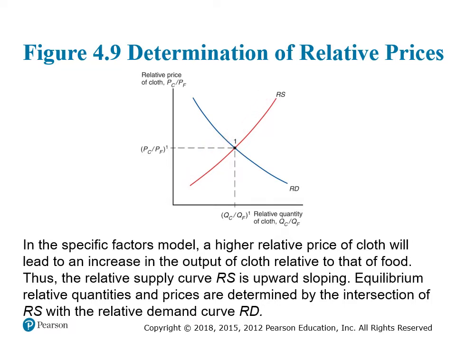So that's a direct positive relationship between the price of cloth and the quantity of cloth being produced. And given the relative demand, the price and quantity of cloth will be determined. So here at point 1, we have the equilibrium price and equilibrium quantity for cloth, and that basically shows the relative supply, relative demand and market equilibrium for cloth.